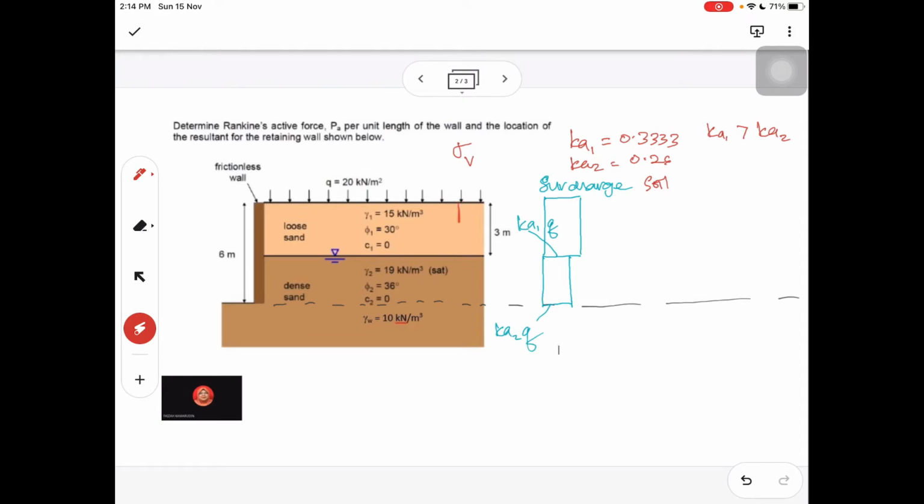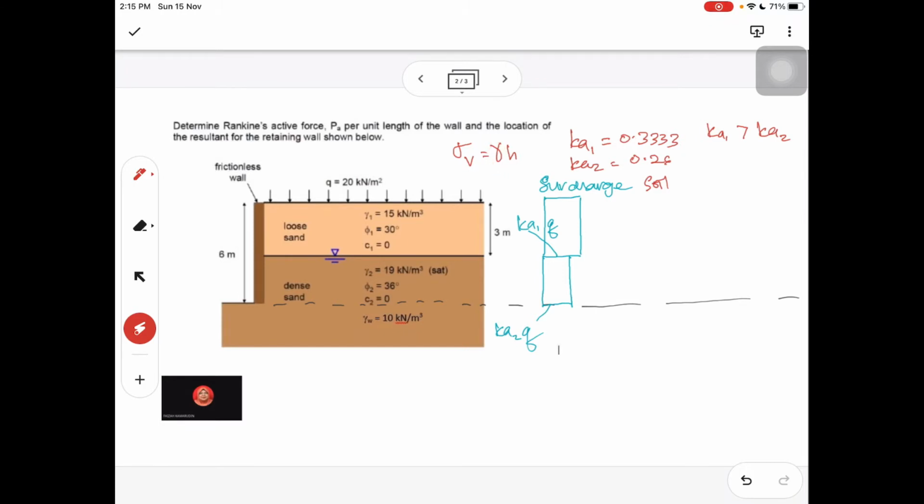As we go deeper, the vertical stress will increase because vertical stress equals gamma H. As H increases going downward, sigma V also increases. The unit weight of the soil remains the same.